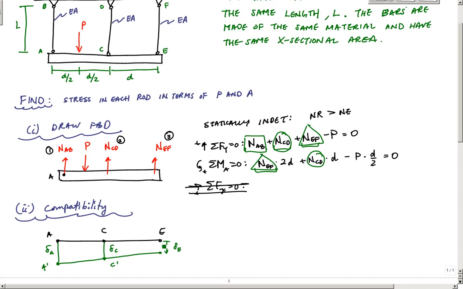Okay, and what I want to do is relate all three of these deformations together to get my other equation. So when I look at this, I want to use similar triangles.